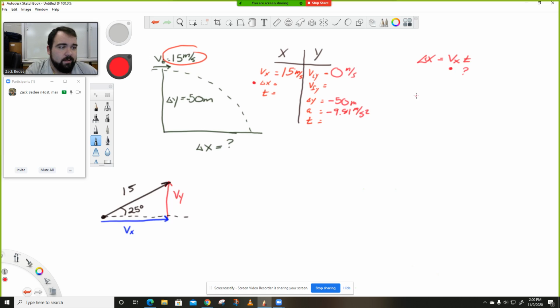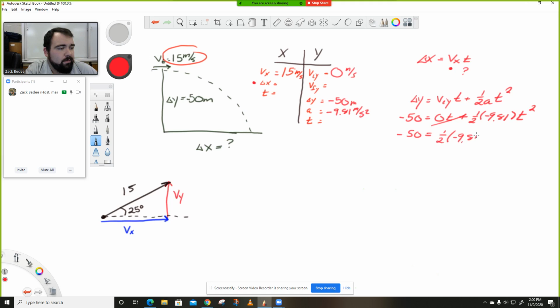So let's go to the delta y equals Viy t plus 1/2 a t squared equation. We're going to plug in our delta y, negative 50. It is launched horizontally, so we said Viy is 0, so this is 0 t, plus 1/2 negative 9.81 t squared. Negative 50 continues on. This whole term goes away, and you get 1/2 negative 9.81 t squared.